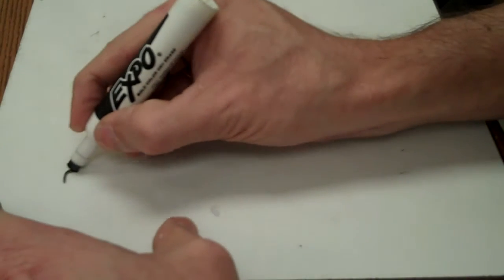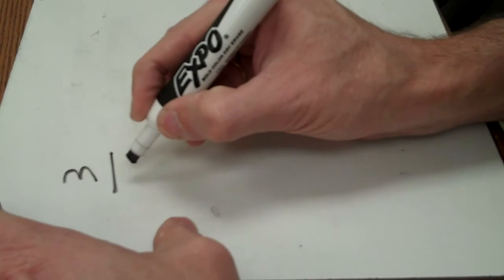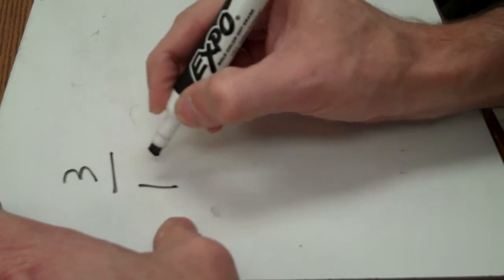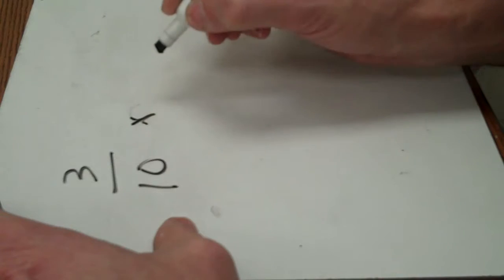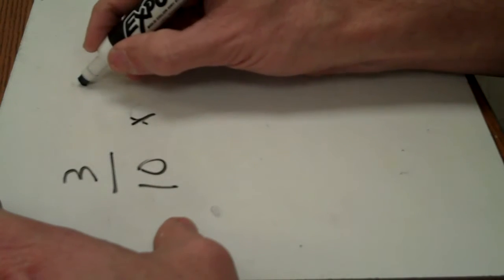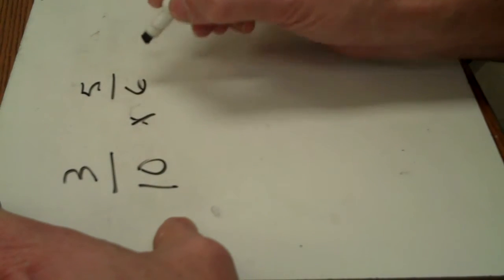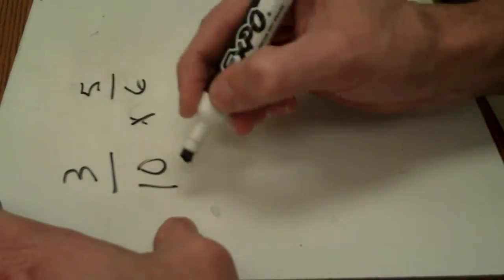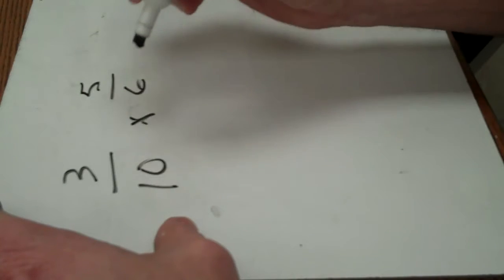Let's do one that we have to use a cross simplify method. Let's do 3/10 times 5/6. Okay, look and see if there's anything that's common diagonally. Cross simplify these.